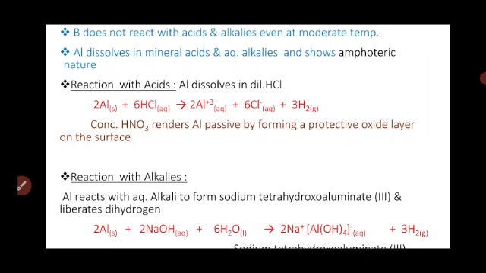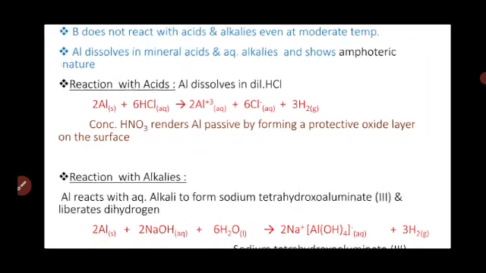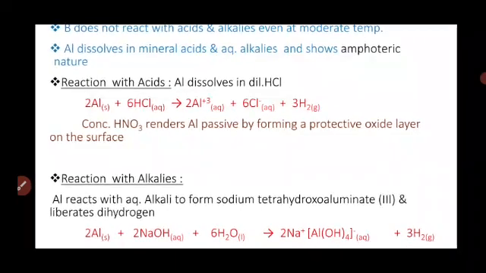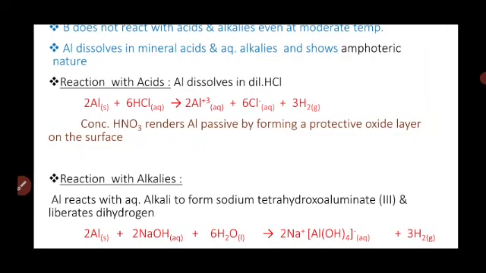Mineral acids means HCl, and aqueous alkalis. Okay, so we have to see the two different reactions. In both the reactions, hydrogen gas is liberated.